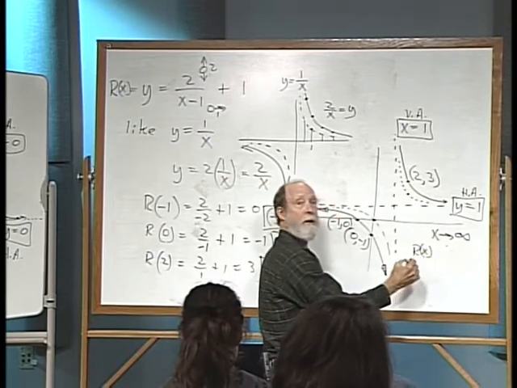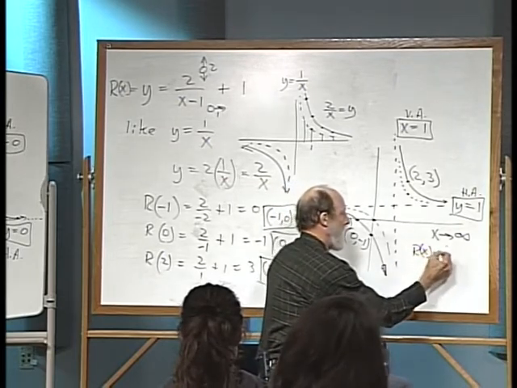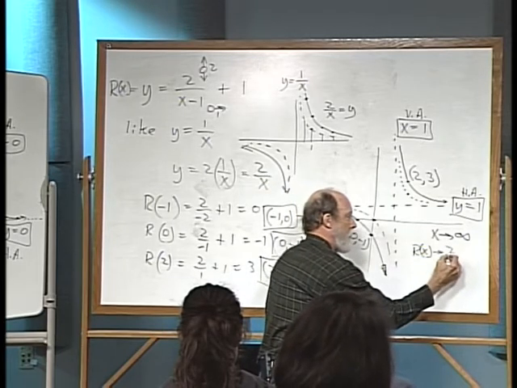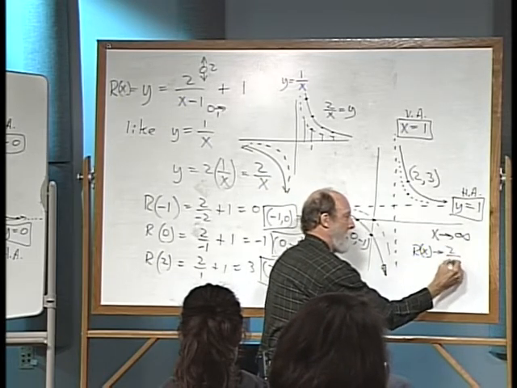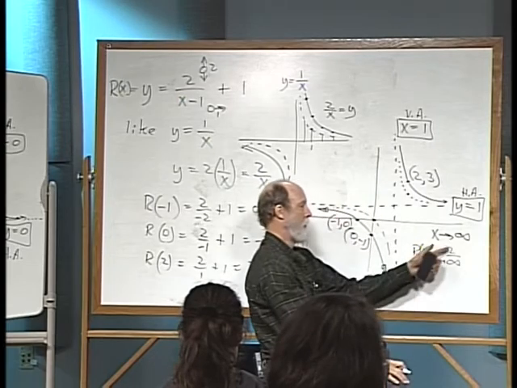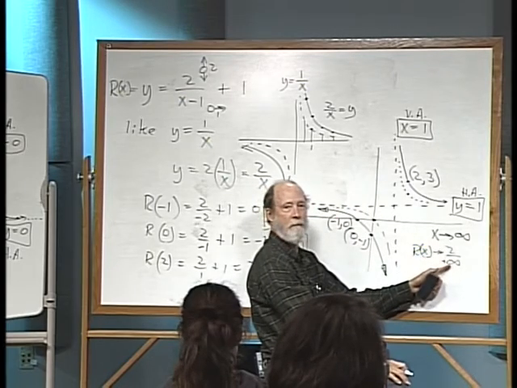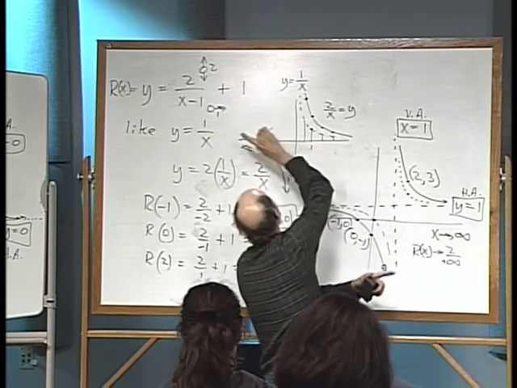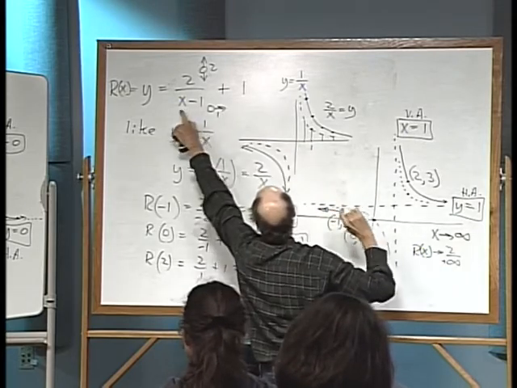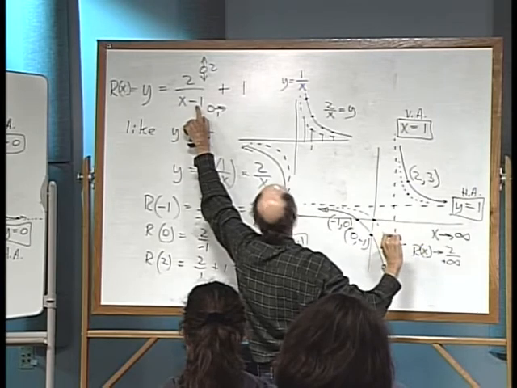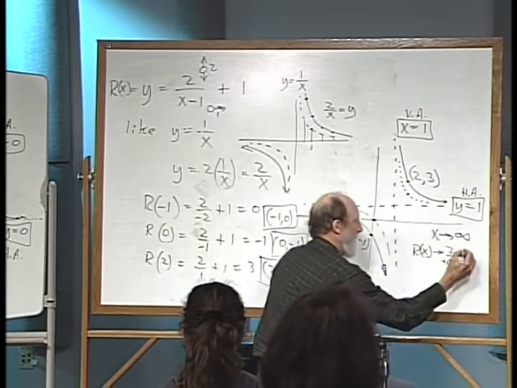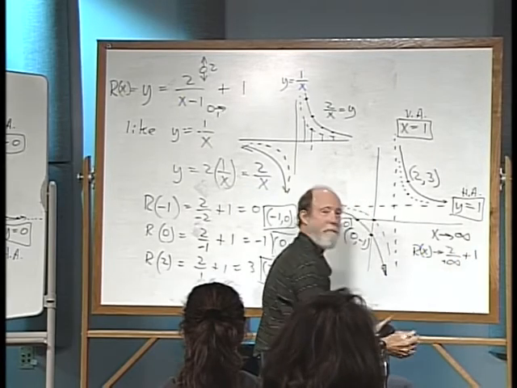R of x, that original function, is approaching 2 divided by a huge number, isn't it? 2 over infinity up there. Because if you take 1 away from a huge number, that 1 doesn't make any difference, does it? No. Okay. And then we're adding 1 to that, right?